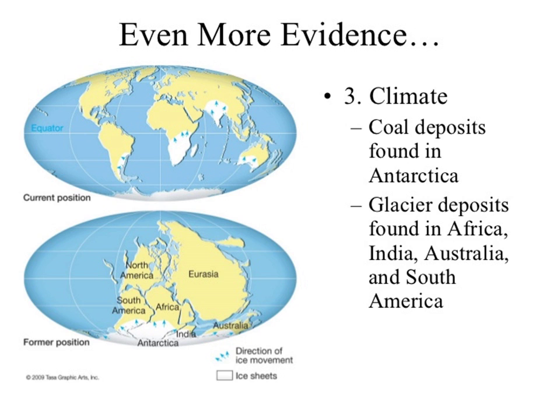Another piece of evidence is the fact that coal deposits were found in Antarctica. Now, Antarctica currently is at the South Pole. It's very cold. There are no plants growing there. Coal deposits are the remains of very old plants that have been buried into the earth and turned into coal.